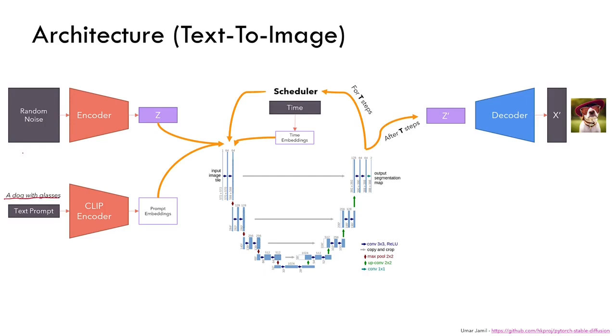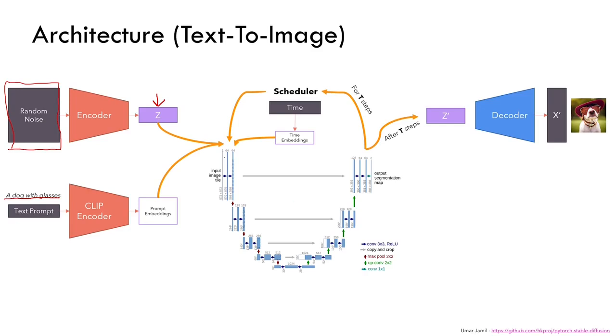Then we sample some noise from the N(0,1). We encode it with our variational autoencoder. This will give us a latent representation of this noise. Let's call it Z. This is of course pure noise, but it has been compressed by the encoder.